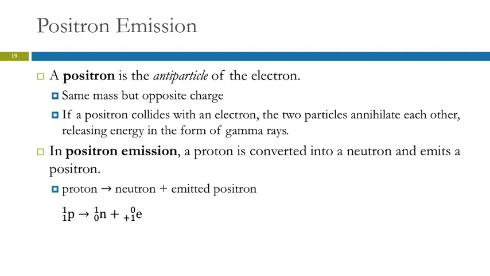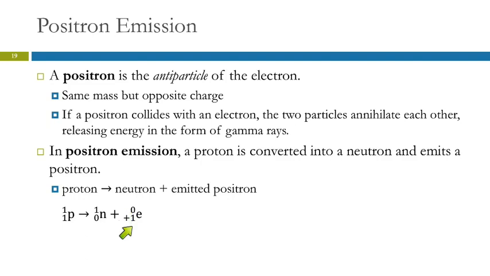Okay. So in positron emission, you get a proton being converted into a neutron and spitting out this positron. So this is one I just try not to think about too hard. You just kind of memorize this. So the proton turns into a neutron, and then what do we need to do with the numbers to make the math work out?